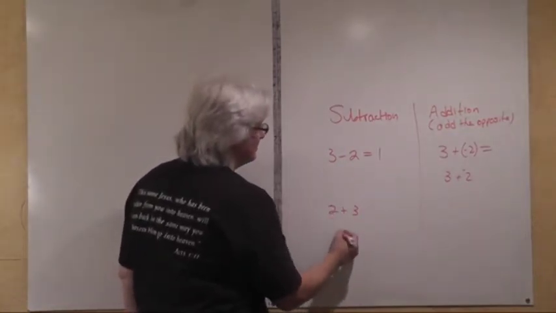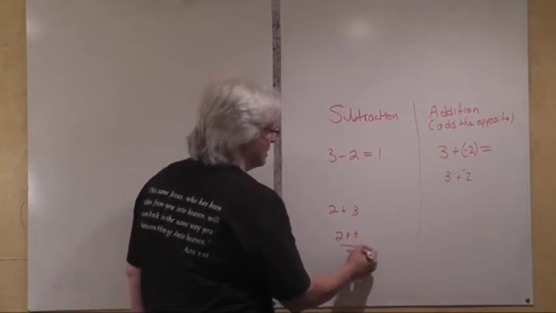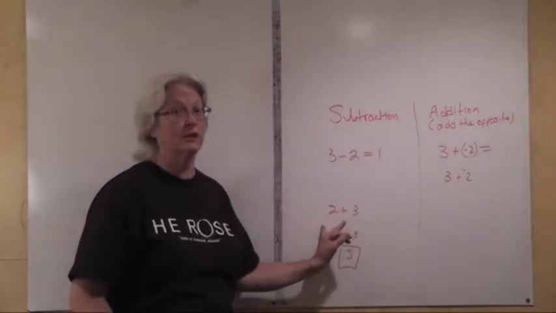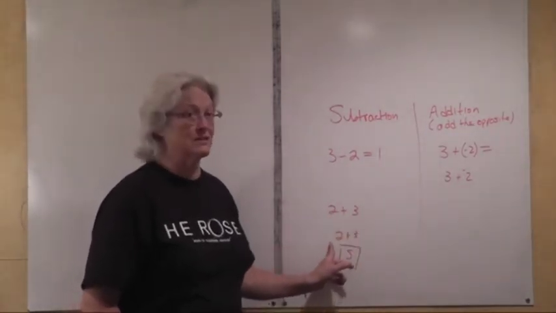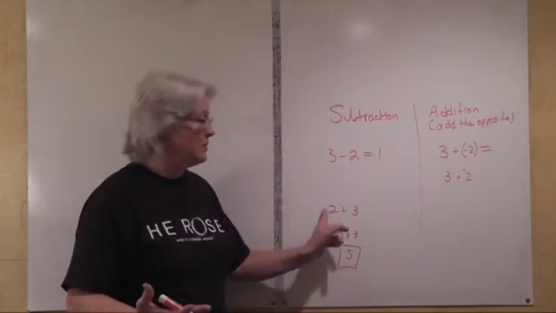So the absolute value of 2 is 2, the absolute value of 3 is 3. And keep the sign of the addends, which is like, well, that's really dumb because I really do know how to do 2 plus 3. I don't have to do anything silly here called adding absolute value because I know how to do this.